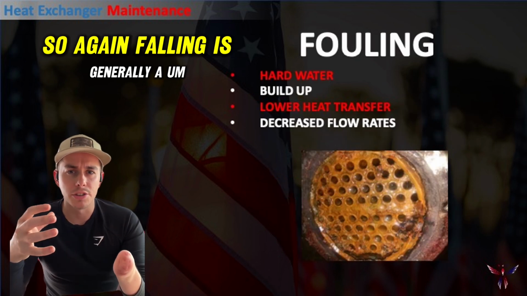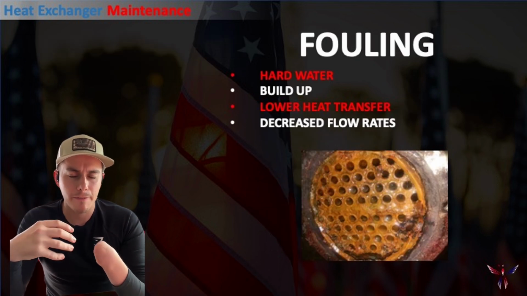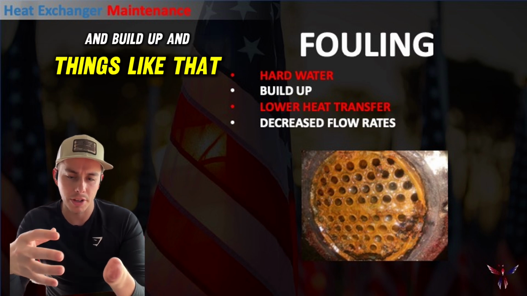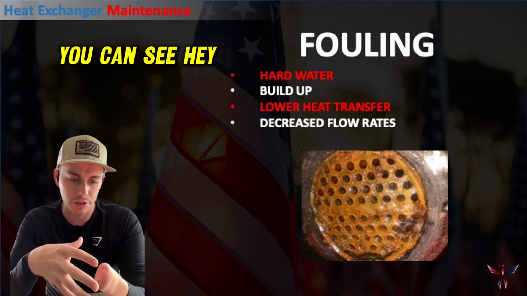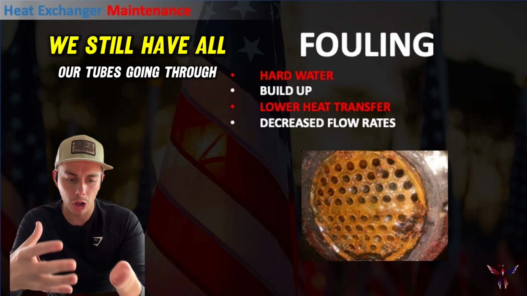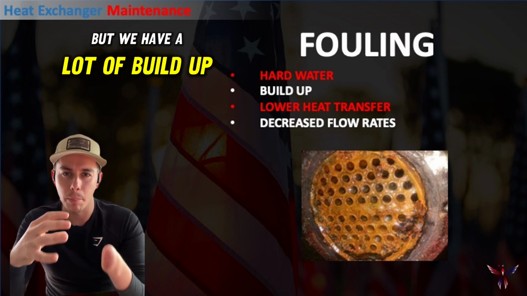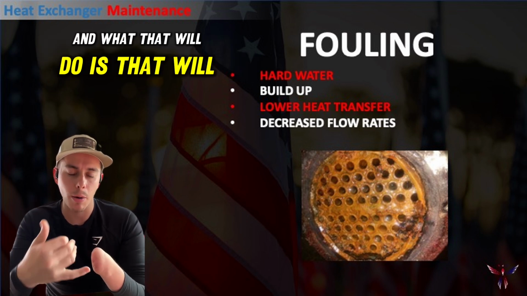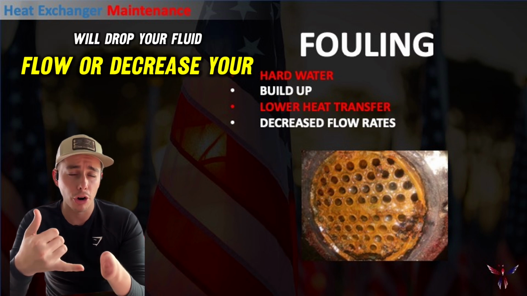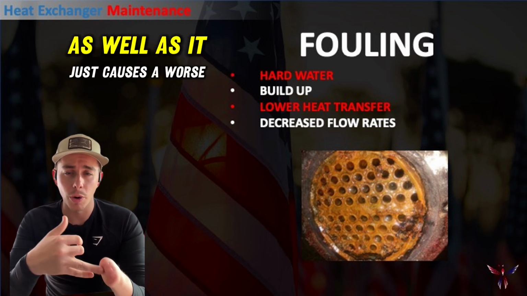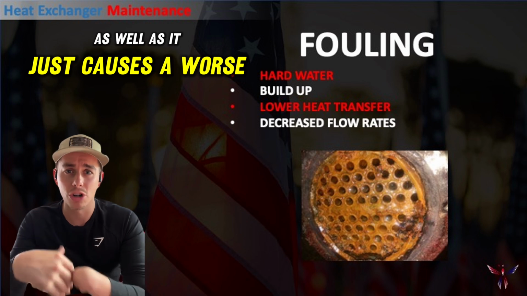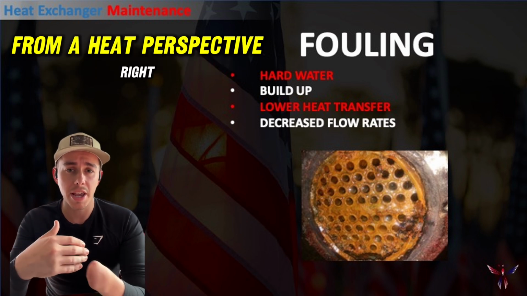So again, fouling is generally a function of hard water and buildup and things like that. And if you look here in the picture, you can see, hey, we still have all our tubes going through there, but we have a lot of buildup there. And what that will do is drop your fluid flow or decrease your flow rates, as well as cause a worse exchange rate from a heat perspective, right?